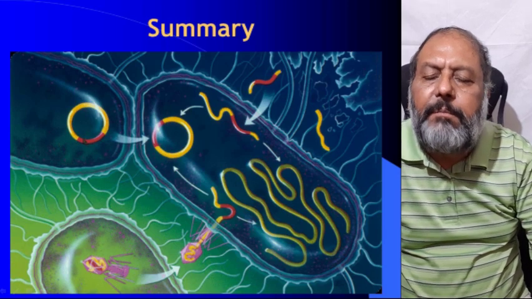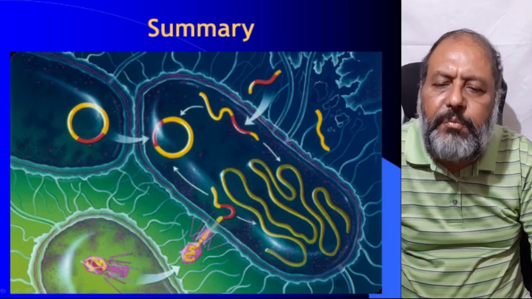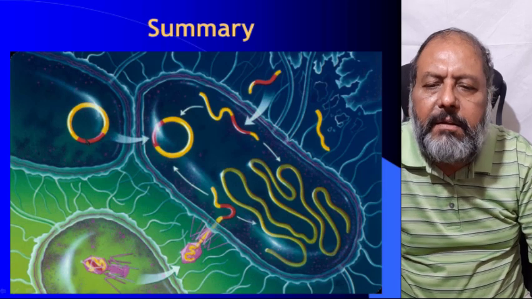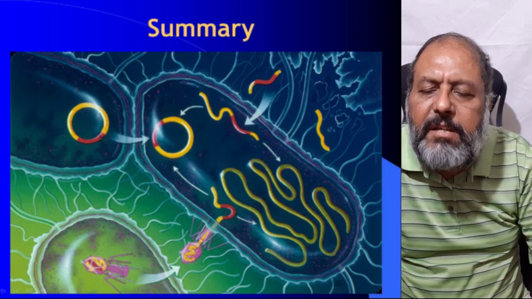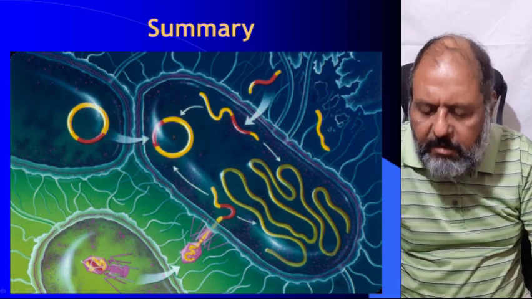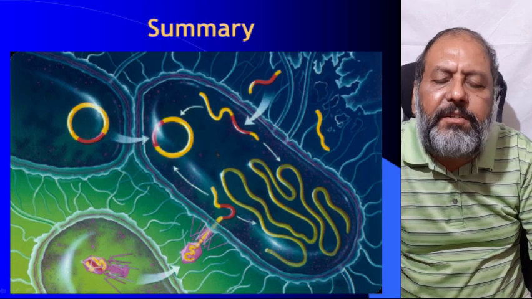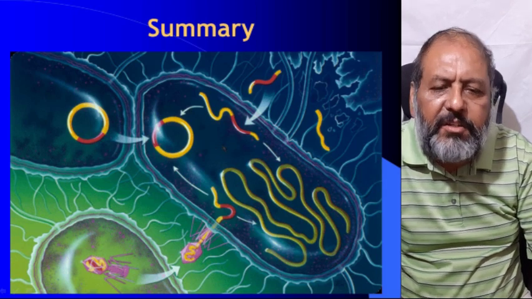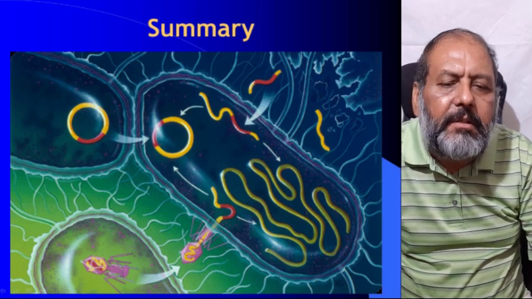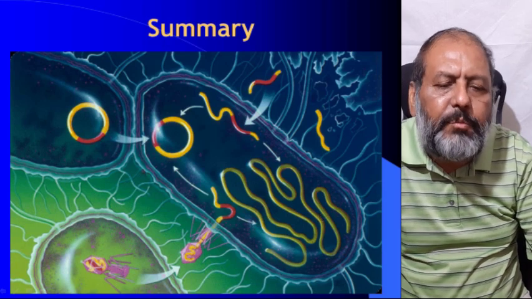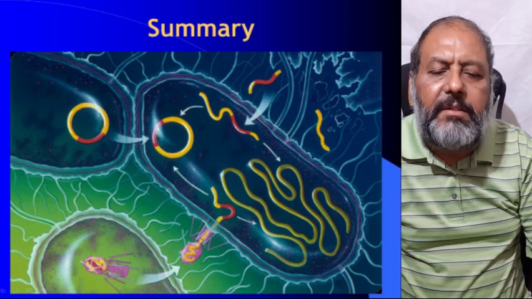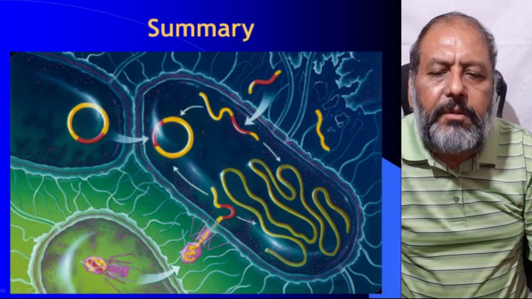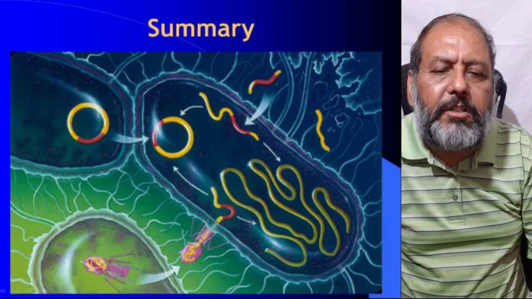Here the plasmid, the piece of genetic material as a whole, is being transferred to this bacterium, and that is just going to merge with the chromosome through the sex pilus, which is the conjugation process.